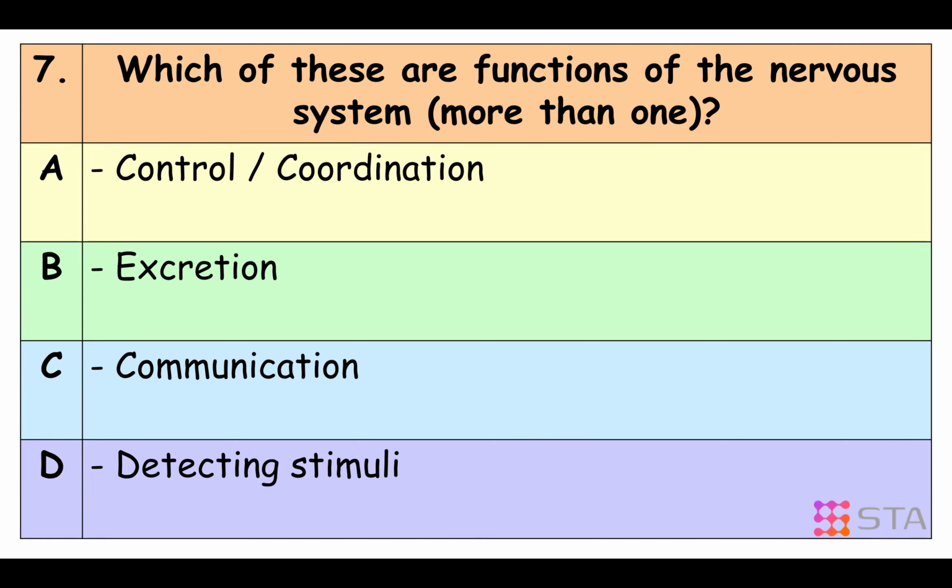Number 7. Which of these are functions of the nervous system? This is the last question. And for this one, there is actually more than one answer. Which of these are functions of the nervous system?